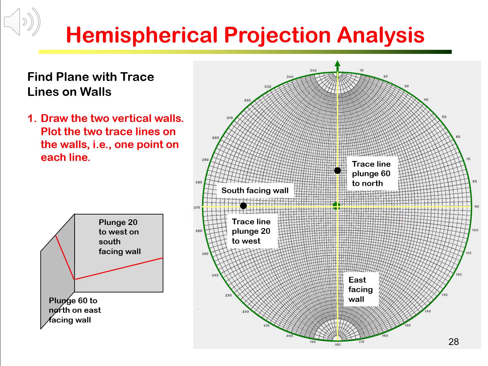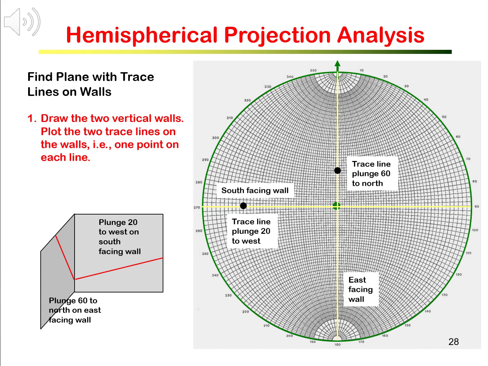Now we will try something more practical and relevant to underground rock engineering related to mining or tunneling. In underground tunnels and mines, you can observe the trace lines of joints on the sidewalls, pillars, roofs, and bases.